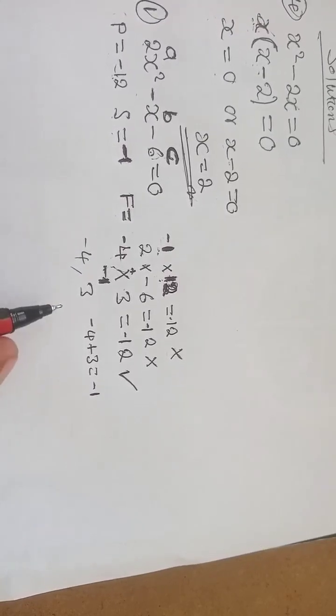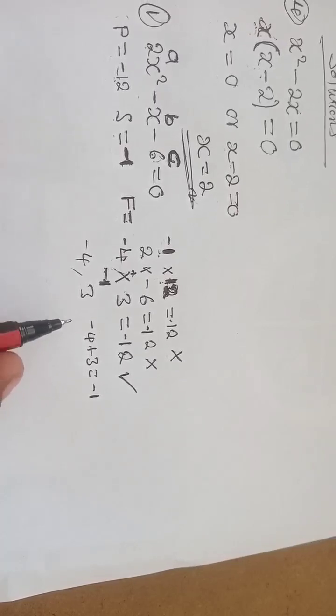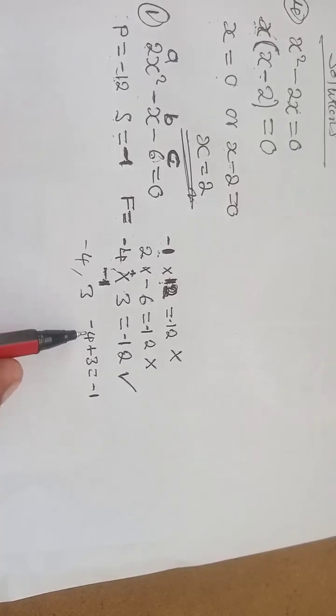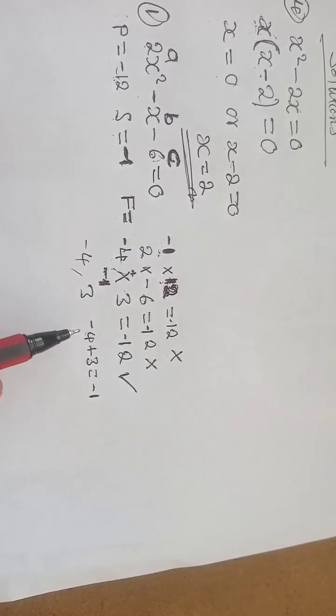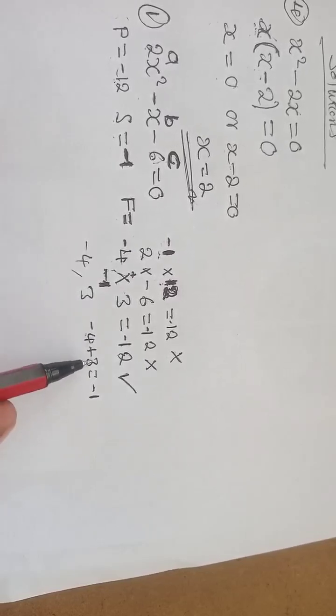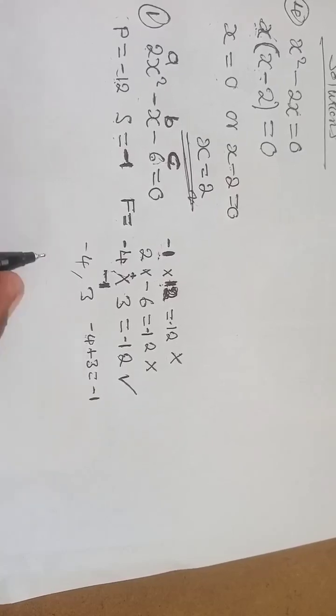So the factors are those two numbers. When you multiply the two numbers, like for instance we have here -4 multiplied by 3, it is going to give us -12. When you add these two numbers, they are going to give you -1. So these are the factors.